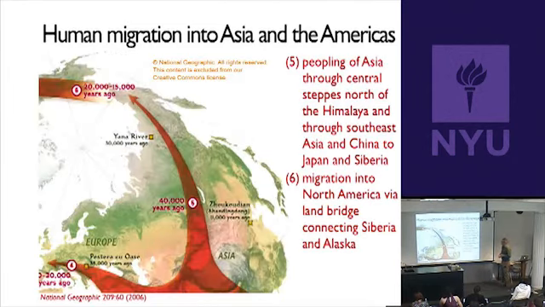The peopling of Asia happened through, again, Central Asia, the steppes, north of the Himalayas, and then southeast to China and Japan, east to Siberia, and then again across Siberia into Alaska. At that point in time, there was a land bridge connecting the two, so it was literally basically walking across about 15 to 20,000 years ago, and that's the settling of North America.